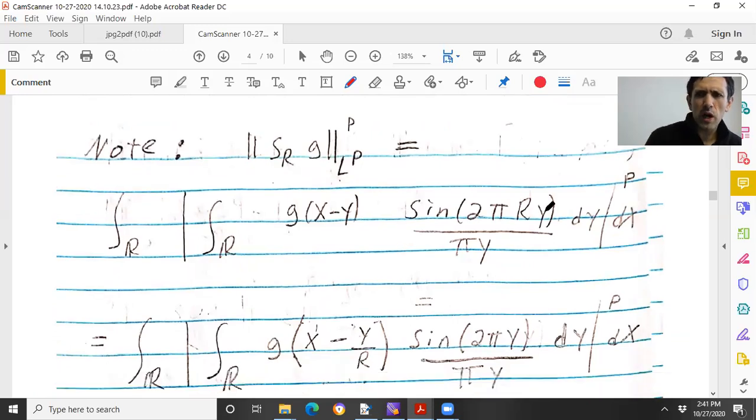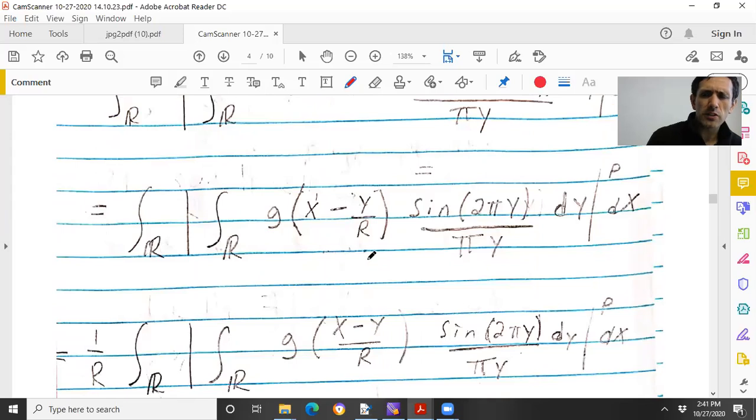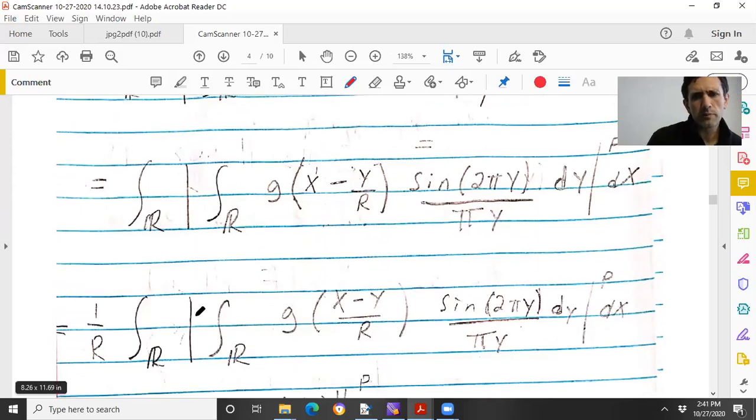Yeah, so we're going to let y go to y over r. That's going to get rid of this r here. And there's no 1 over r outside, because when we change the y in the bottom, it's going to cancel the 1 over r. On the other hand, if we let x go to x over r, we do get a 1 over r.